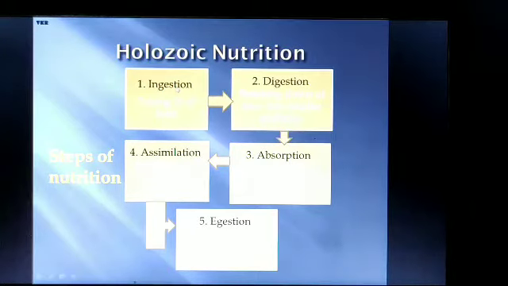So we have divided holozoic nutrition into 5 steps, no matter whether it's a unicellular organism or a multicellular organism, because in both cases the process is almost similar. Maybe the method of taking in food or giving out food may be different, but the steps followed by living things are almost similar.